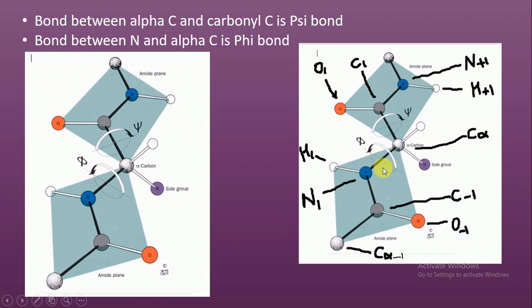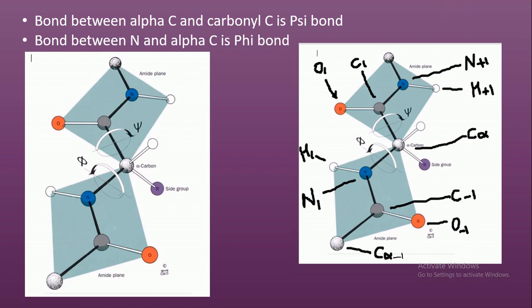We say this in the Ramachandran plot. Later on we will discuss this 0 to minus 180 and 0 to plus 180 for phi and psi. How this is explained in the Ramachandran plot, we will discuss in coming videos.